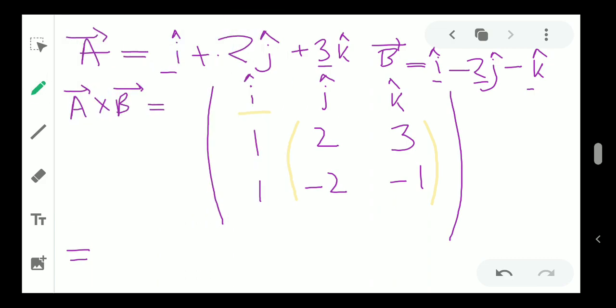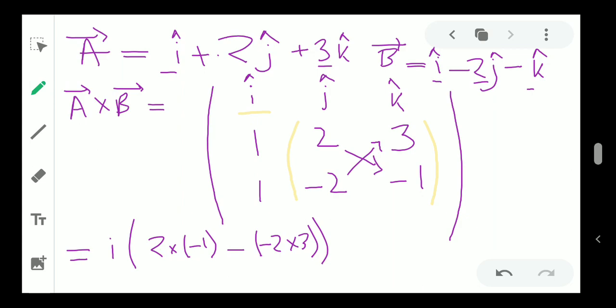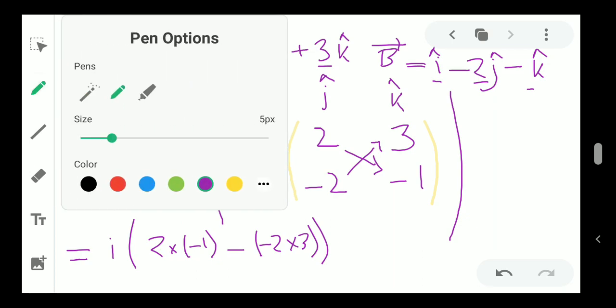So I into, multiplication will be like this minus this, that means 2 into minus 1, minus 2 into 3. I'm just showing this one and the rest I will do. So it has to go like this. The first one is done.